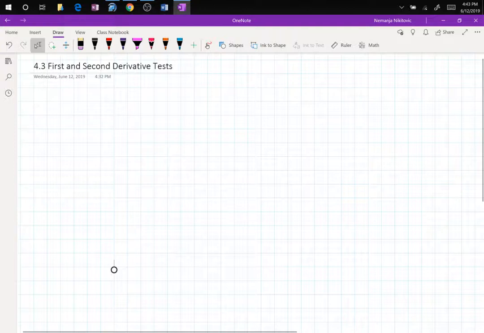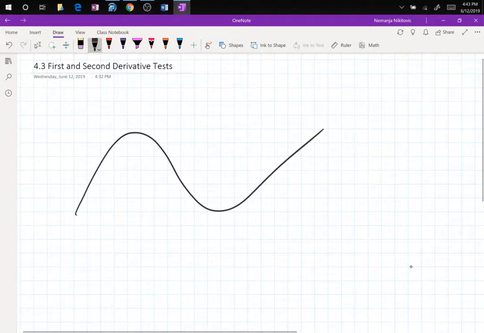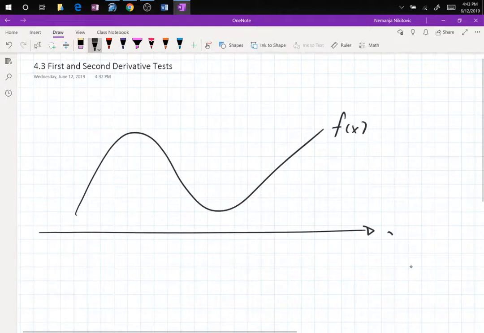Before we go into procedure and calculations, I'm going to draw just whatever function f of x, and I'm going to provide the x-axis because that is the only one that is important right now.